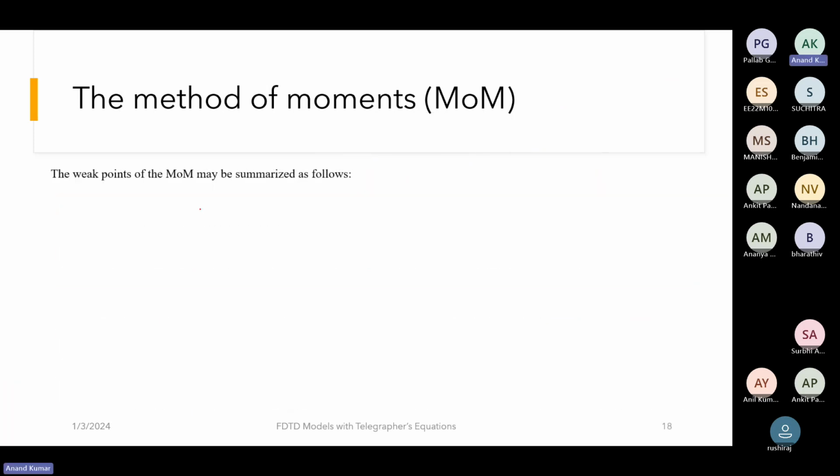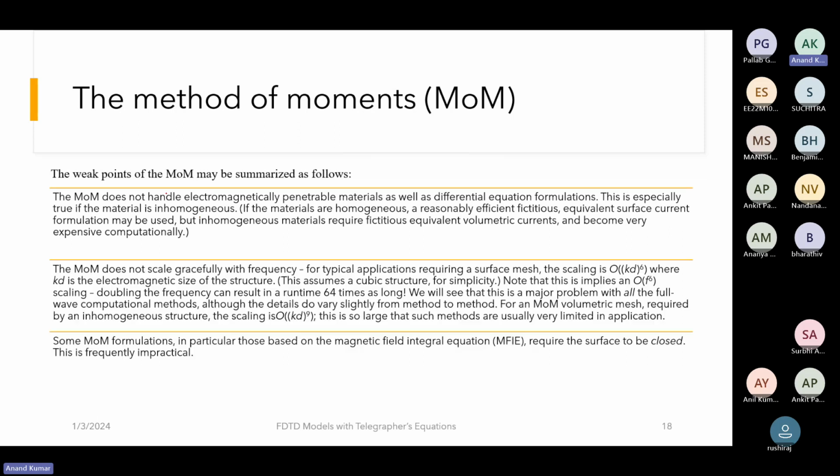Now let's look at the weak points of method of moments. The method of moments does not handle electromagnetically permeable materials as well as differential equation formulations. This is especially true if it is inhomogeneous.